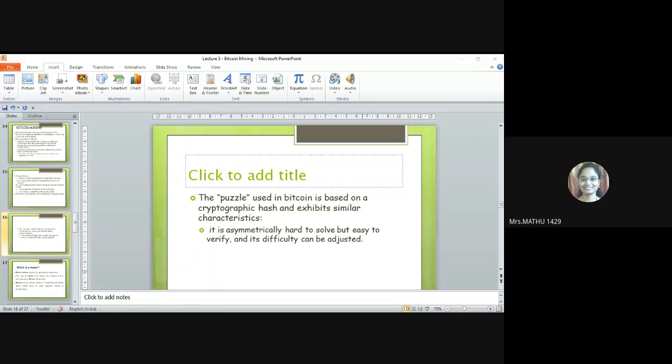The computation gets complicated and becomes difficult as the blocks in the blockchain increase. And here this puzzle is something similar to a cryptographic hash. We'll see what it is.